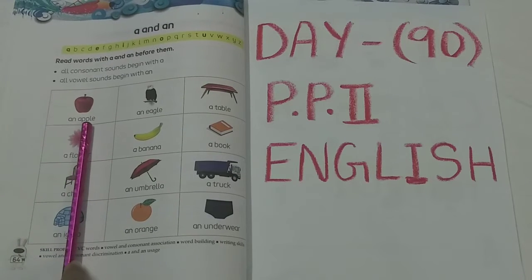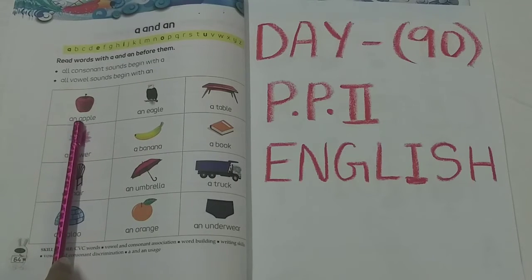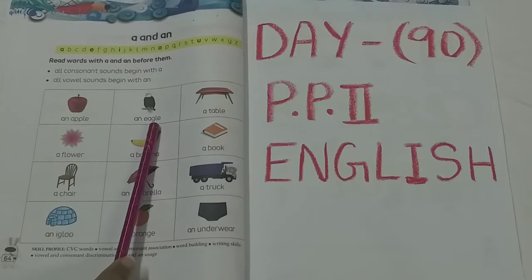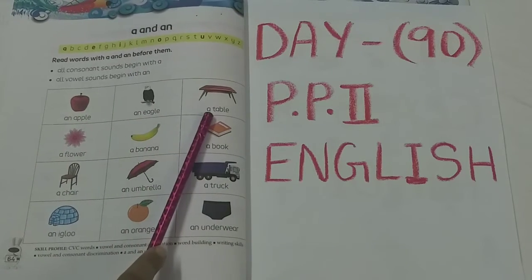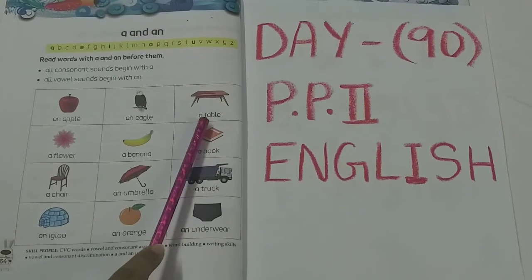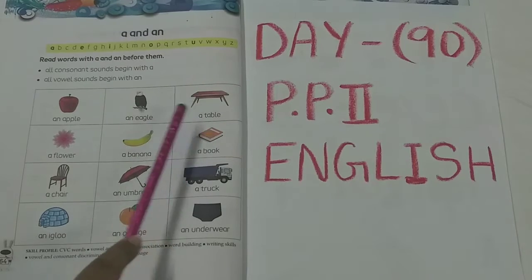An apple. Why are we using an here? Because A is a vowel here. An eagle. A table. Why are we saying a table here? Because T is a consonant.